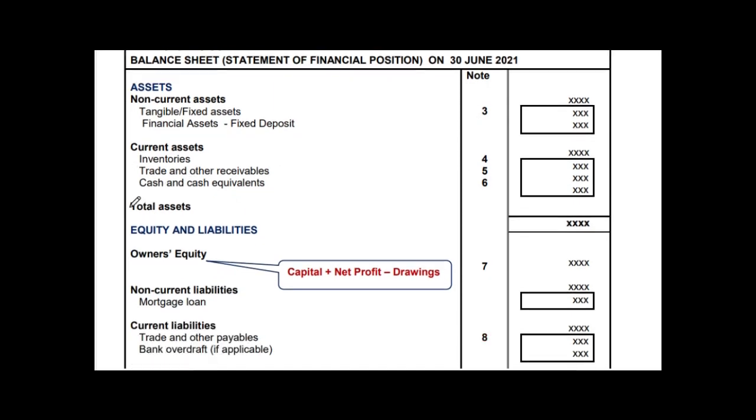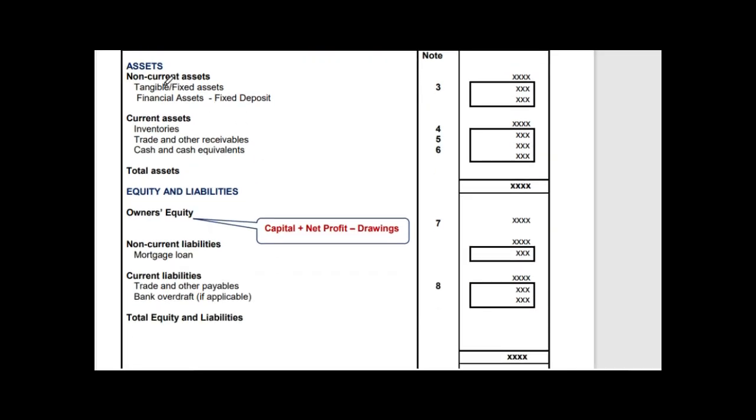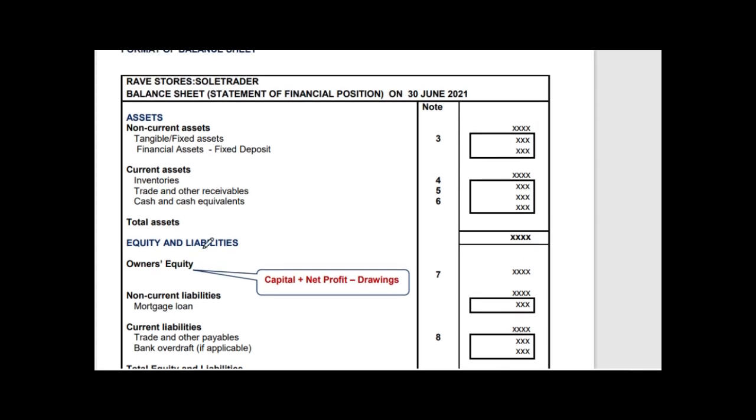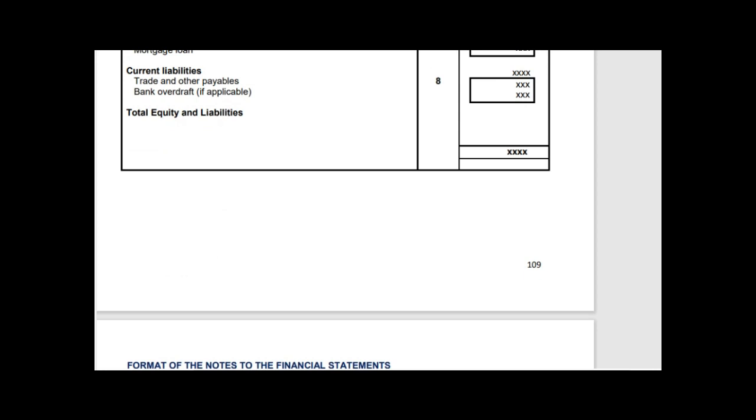So guys, this is our balance sheet. The format of our balance sheet: we have assets, we have equities and liabilities. The purpose of this video was created so that each and every one of us can understand the structure or the format of the balance sheet. So as they told us, the balance sheet is made of three components.